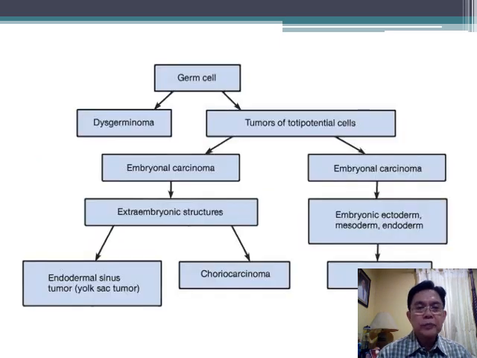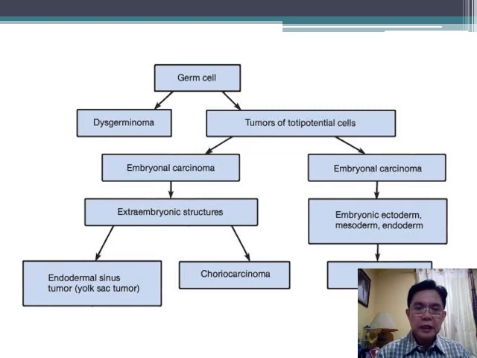So this is a schematic diagram that tells us the different histologic types of germ cell ovarian tumors. Germ cell tumors, as the name implies, arise from the germ cells of the ovary.